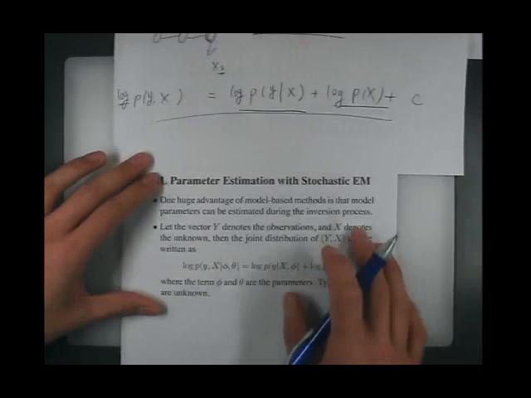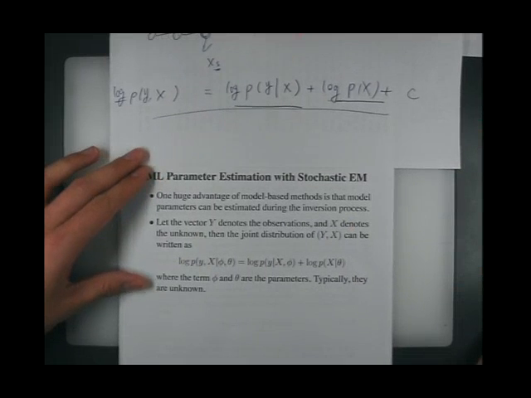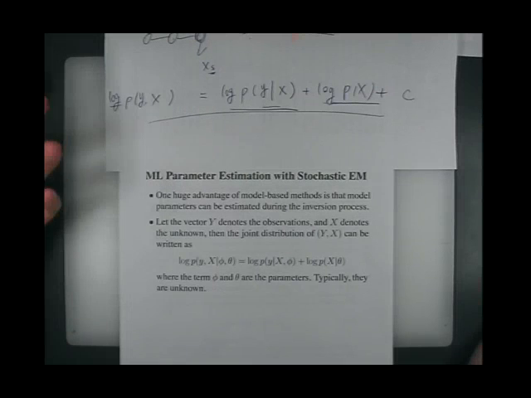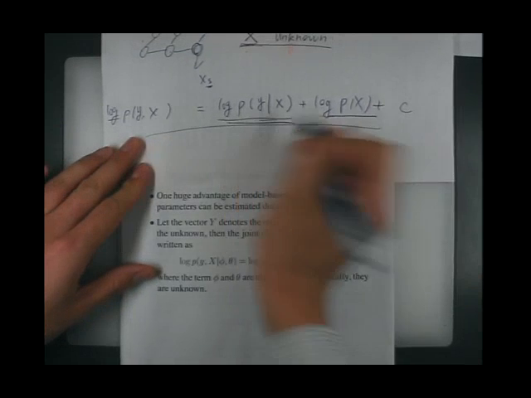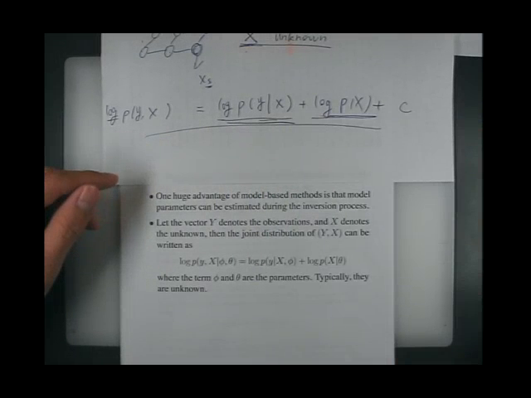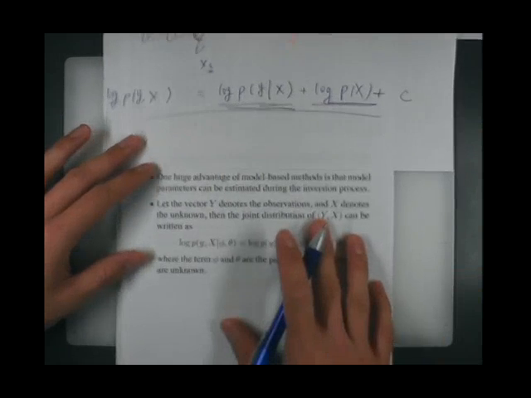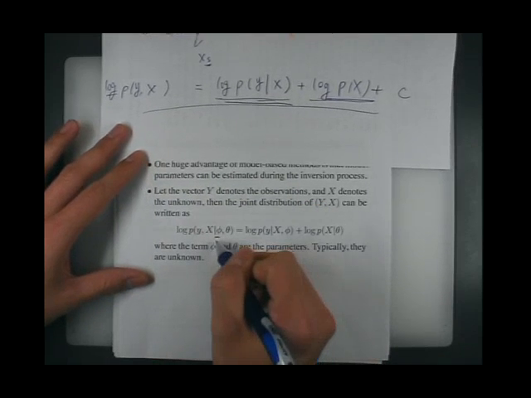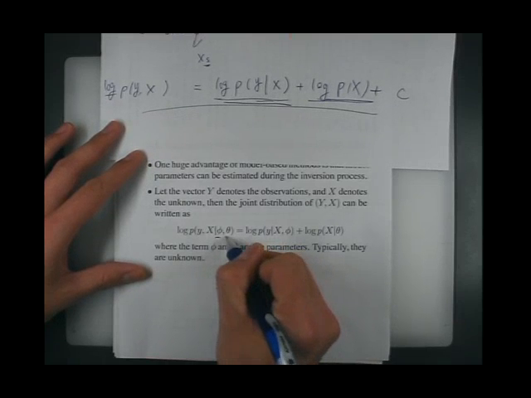One advantage of this model-based method is that the model parameters can be estimated during the inverse procedure, which means we can estimate the parameters in this likelihood distribution and this prior distribution during the reconstruction procedure. Therefore, I introduce two parameters: one is phi, the other one is theta.